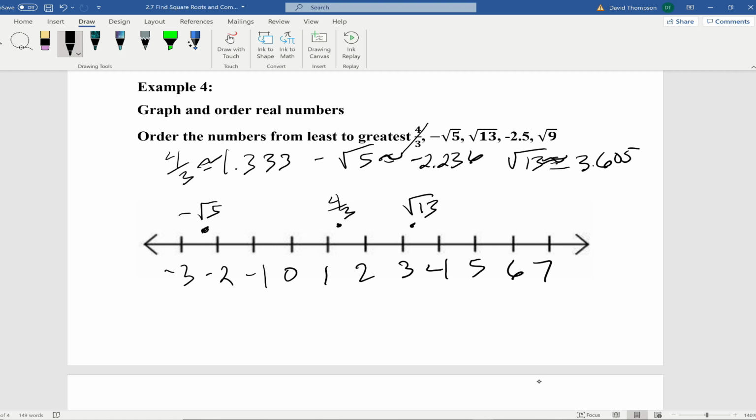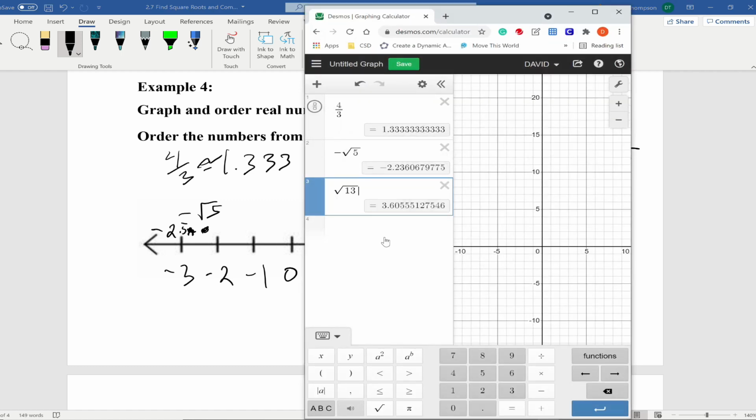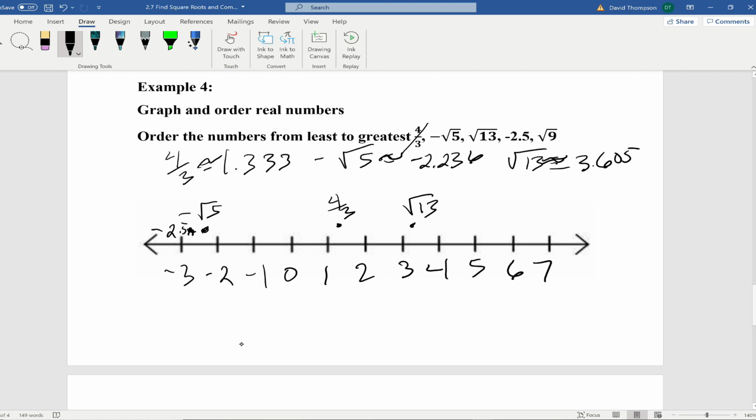Negative 2.5 is easy. Since we know negative 2.236, negative 2.5 should be to the left of it. So negative 2.5 is right here. And then square root of 9 will be 3. So here is my square root of 9.